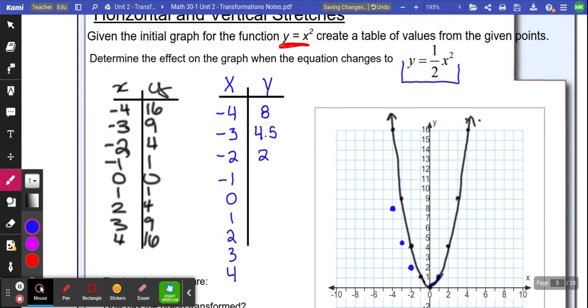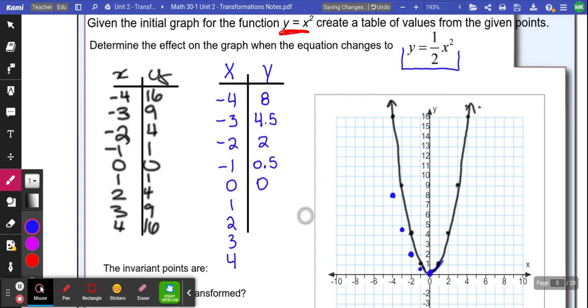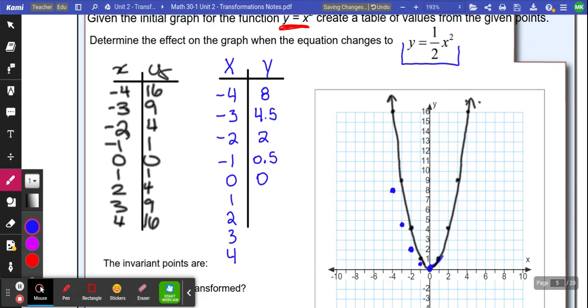Negative 1 squared is 1. 1 times 1 over 2 is 0.5. So I have a point right here at negative 1 and 0.5. Zero squared is 0 times 1 over 2 is 0. 0 stays at 0, 0. One would turn into, well, I was just going to start putting answers, but I've got to verbalize it.